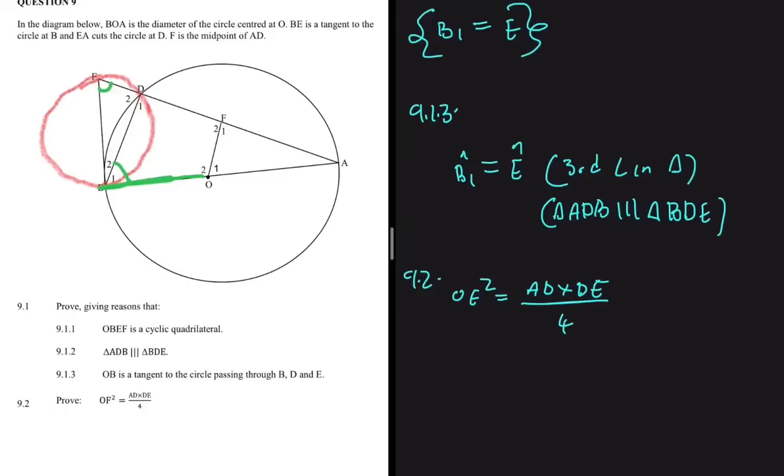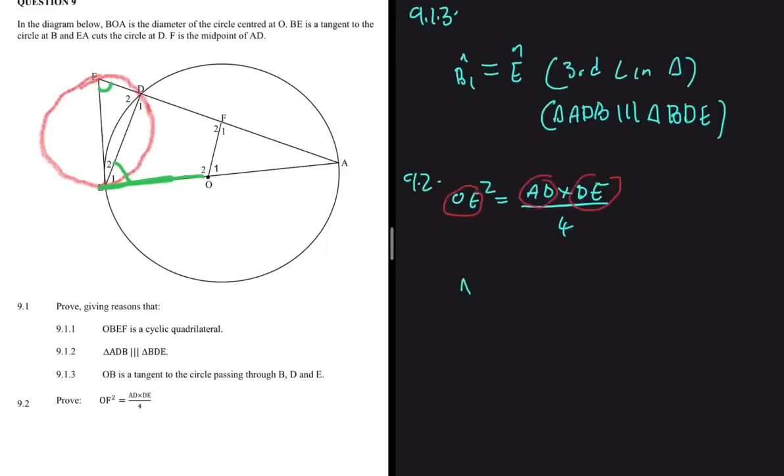If you have parallel lines, then you can play with the sides. If you have similar triangles, then you can play with the sides, right? So clearly here, we have similar triangles, so we're going to use them. We know fully well our theorems. So let's look at the sides we're interested in here. We're interested in AD, DE, and OF.